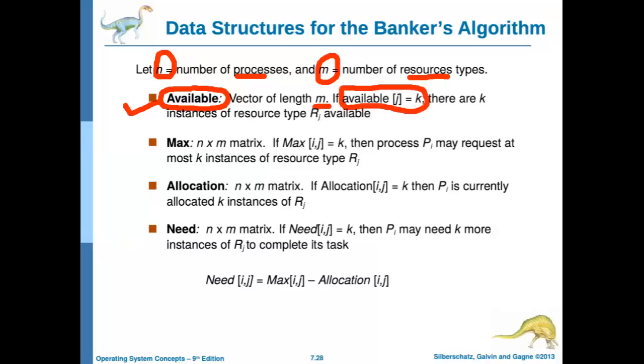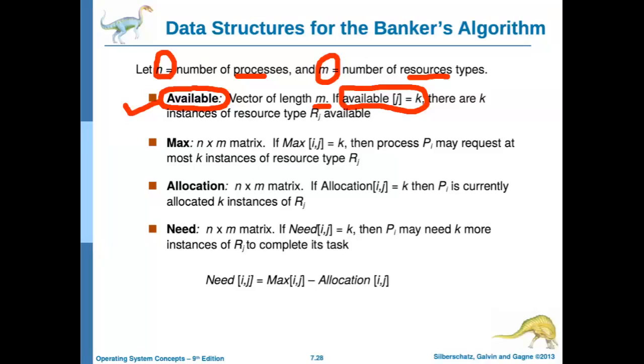As I mentioned, this vector is of length m. That means it is a one-dimensional array wherein m entries will be there. To make it very simple, whenever I say int a of 10, a is a vector of length 10. Only thing is, in this algorithm it is called a vector.